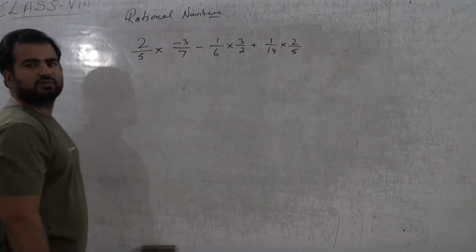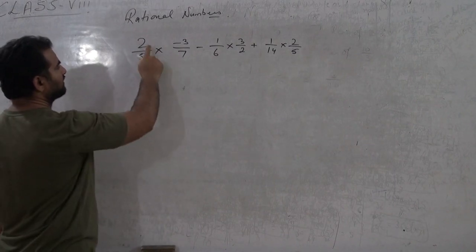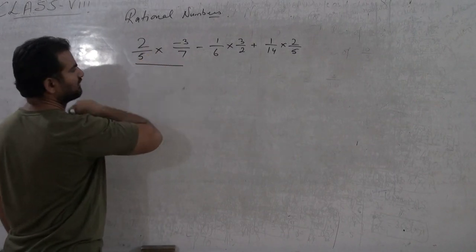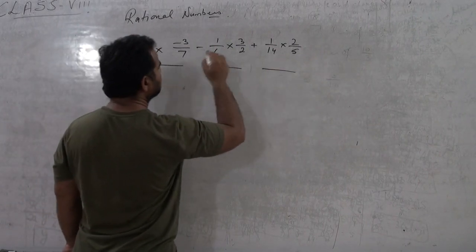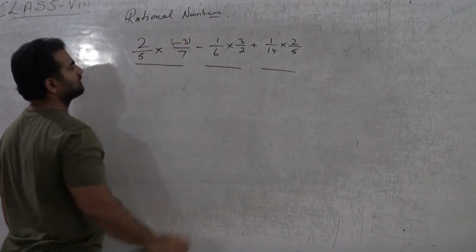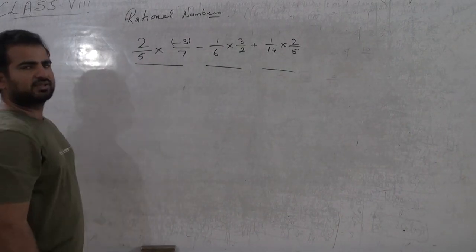Okay, so what we have to do is just solve. So this is a term, this is also a term, and it's also a term, because they are containing a multiplication sign.